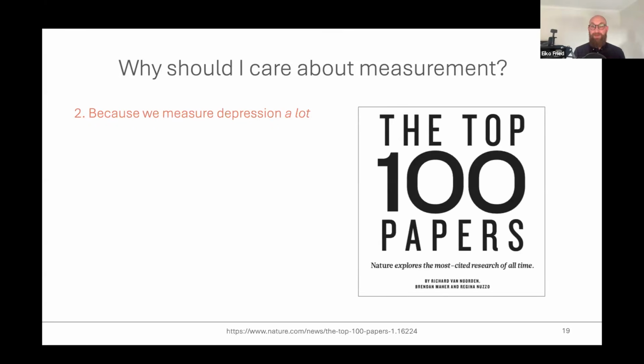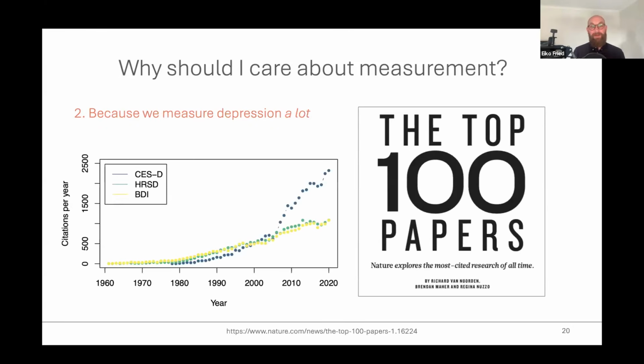There's a fun paper about the top 100 papers ever cited in all sciences, and 3 of them are rating scales for depression, around rank 50 and 60-ish. So the C is the Hamilton rating scale and the Beck depression inventory. I plotted the citation count on the left side here, so thousands and thousands of citations every year.